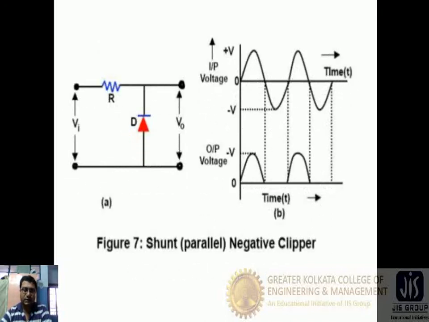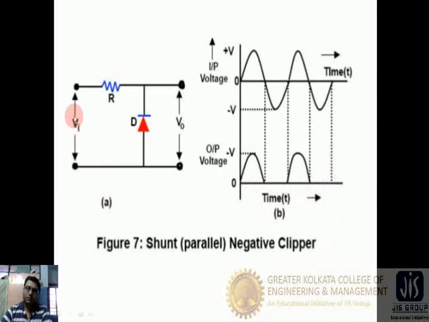So there is a shunt or parallel circuit with a negative clipper. The negative clipper means we just have to keep in mind that the negative portions of the input signal are removed, or clipped off.